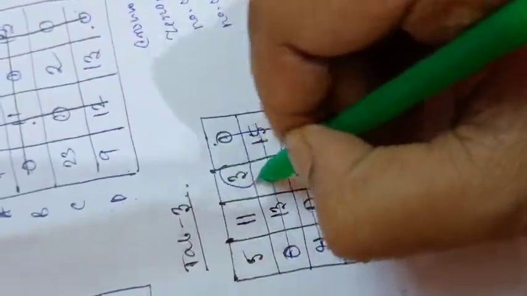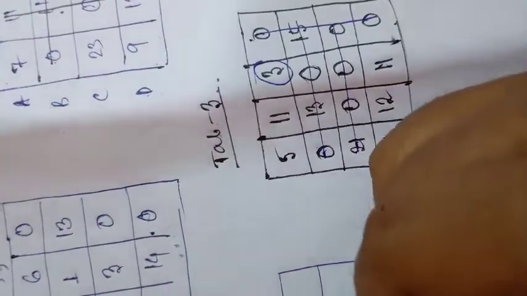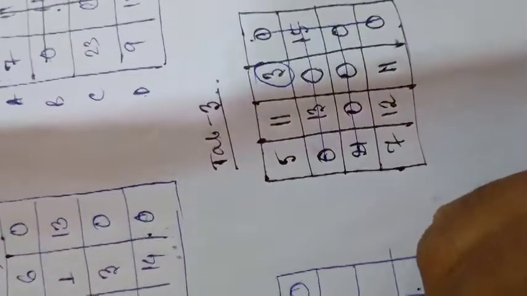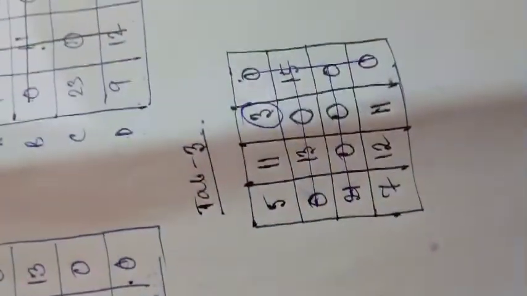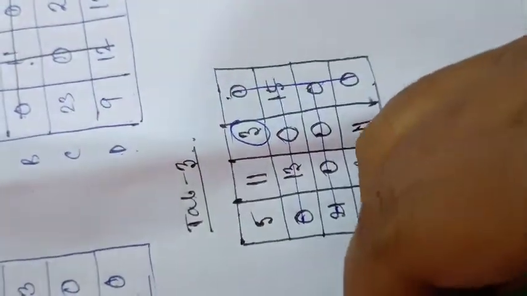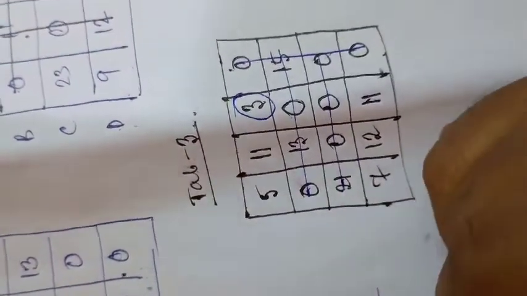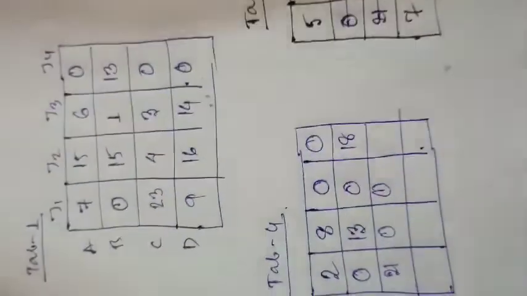Here 3 is the minimum element, so it will be 2, 8, 0, it will be 0. Here this will be covered, so there will be no change. See here 15 is crossed off, two lines intersecting, so here we add 3. No change, 0, 0. Here also changes, so here we add 3.